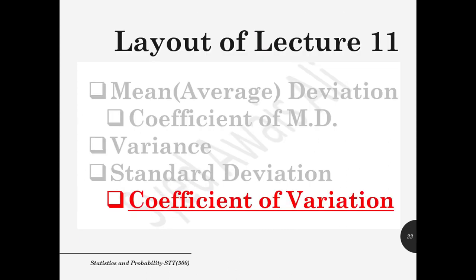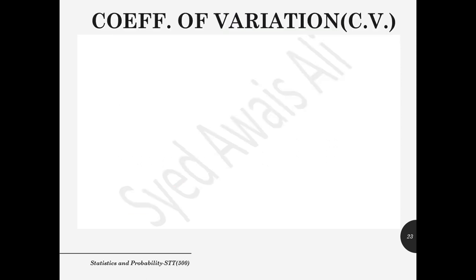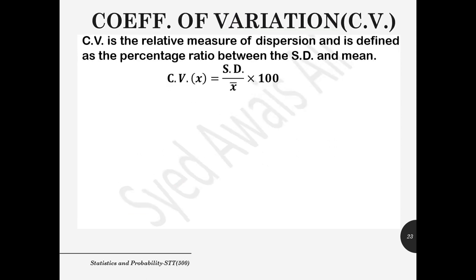Now moving toward the last topic of our lecture number 11, that is coefficient of variation. Basically, coefficient of variation is calculated for the purpose of comparison. When we have two sample sizes or two sample spaces, and we have to compare which sample is better, we find the coefficient of variation.